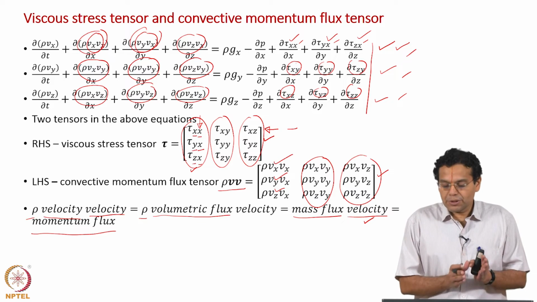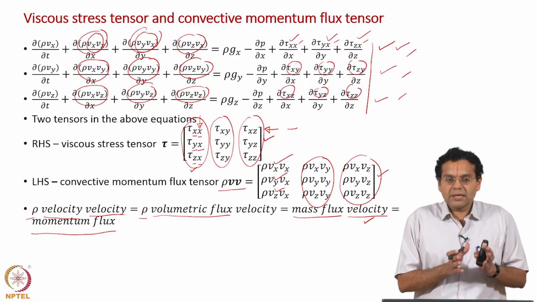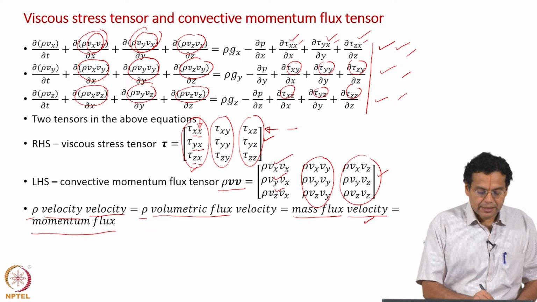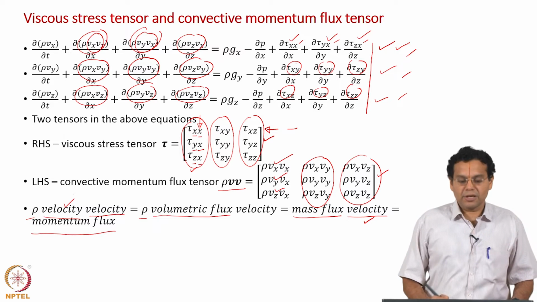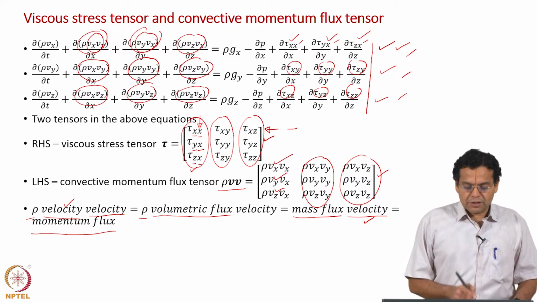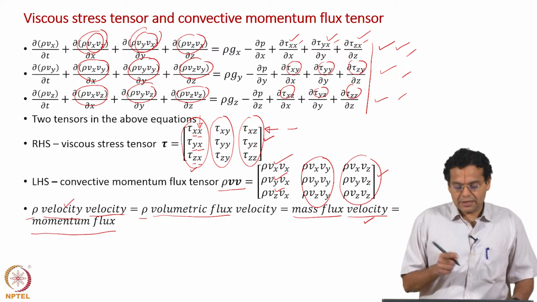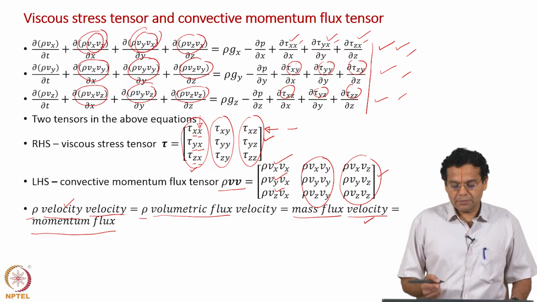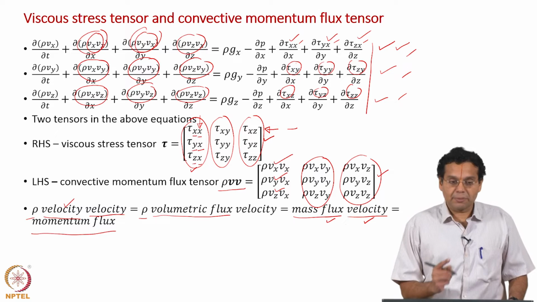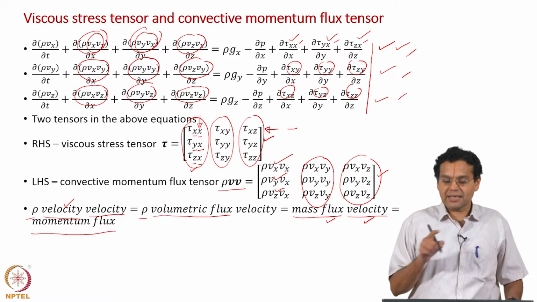Remember, rho into Vx is associated with the mass flow in a particular direction, that is why I interpret the first velocity as volumetric flux, not the second velocity. Multiplying rho with the first velocity, meaning volumetric flux, gives you mass flux, and multiplying by the second velocity gives you momentum flux along the second velocity direction.